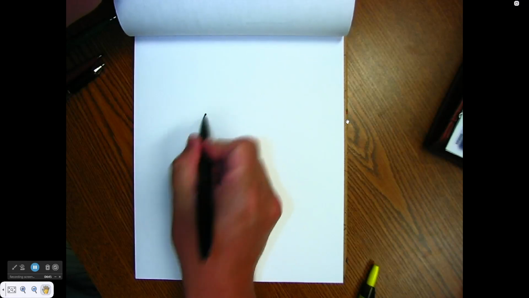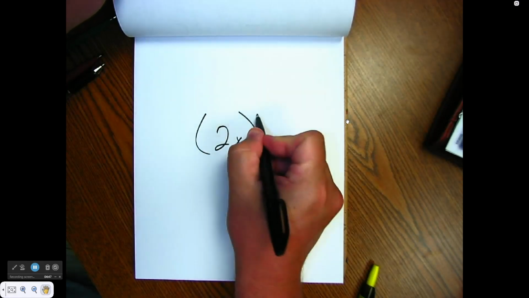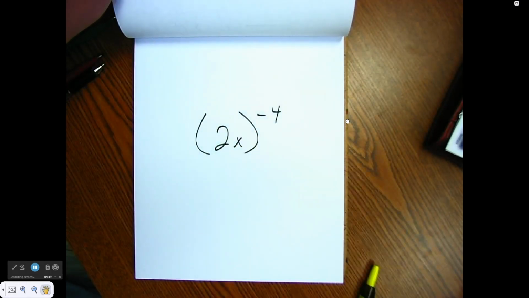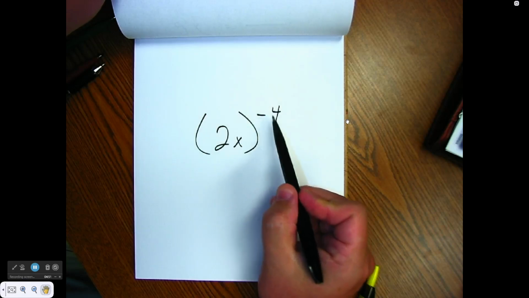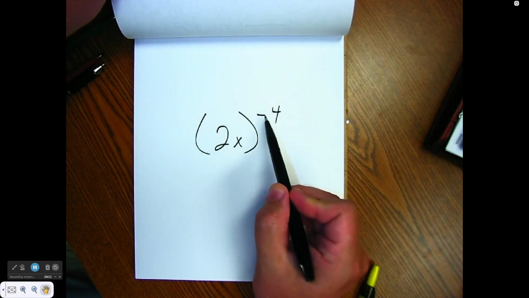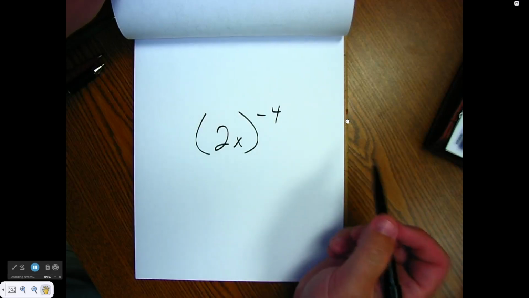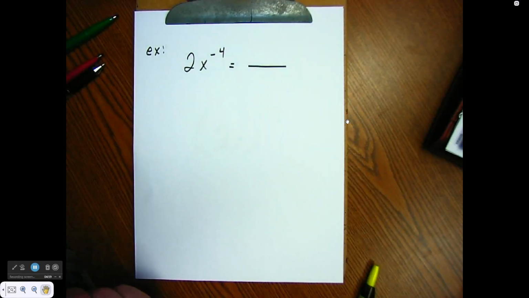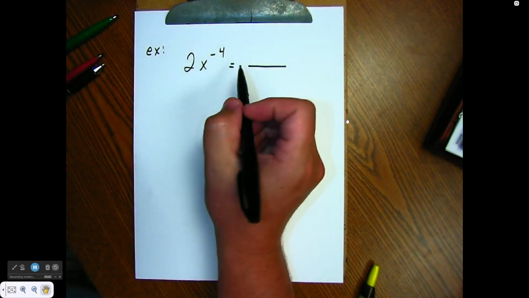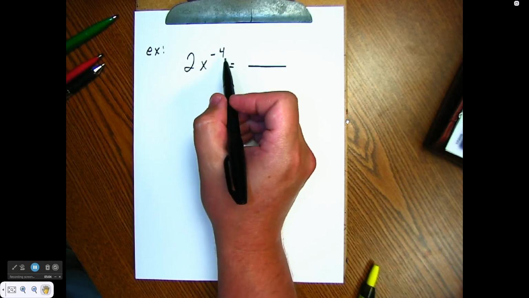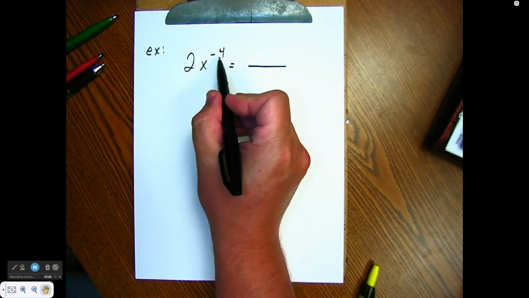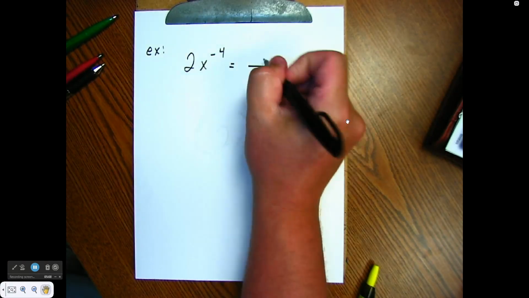Here's the difference. If it would have been like this, now that changes everything. This exponent of -4 would have authority over the 2 in this situation because of the parenthesis. But that's not the case here. So in our example, because this -4 has no authority over this 2, the 2 will stay on top.